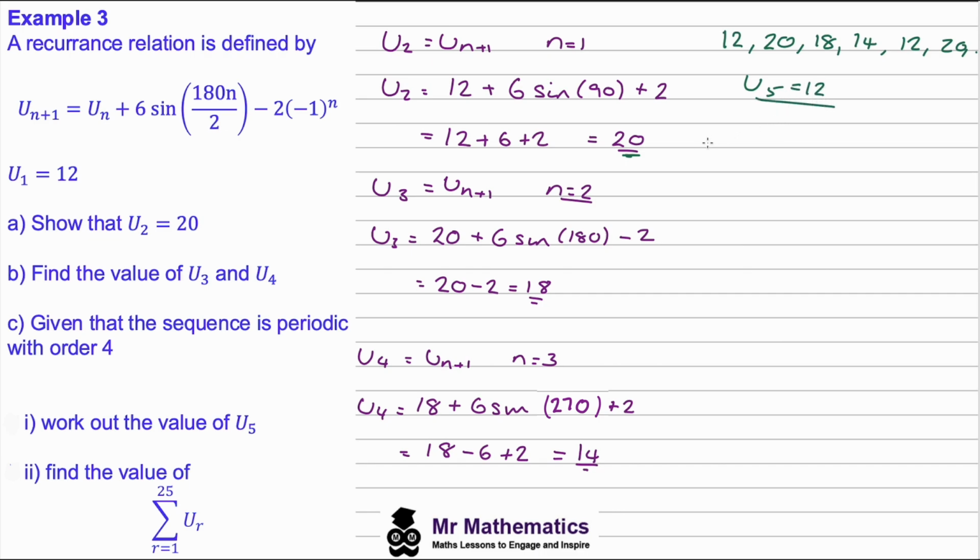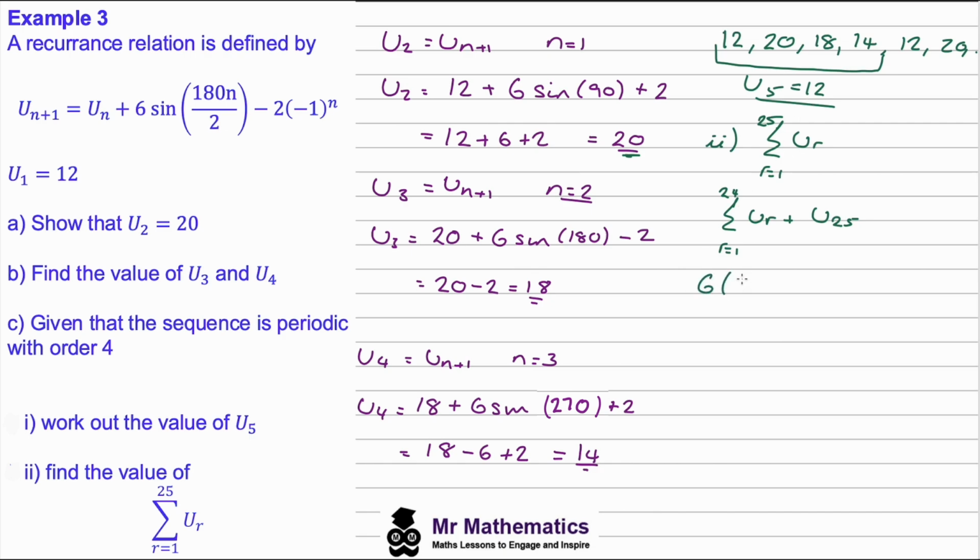And then for part 2, find the sum between r equals 1 to 25 of this recurrence relation. So we know it's periodic, so this will be the same as between m equals 1 to 24, because 24 is a multiple of 4, plus the next term, 25. Well, the terms between 1 to 24 will be 6 lots of these.